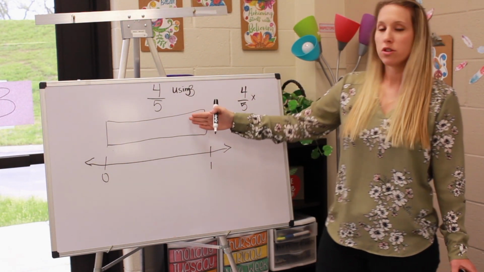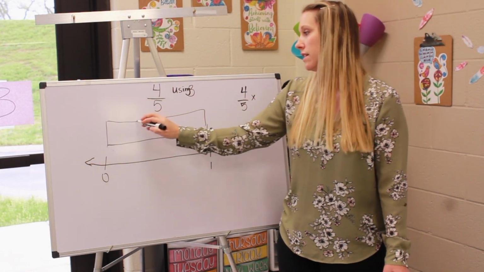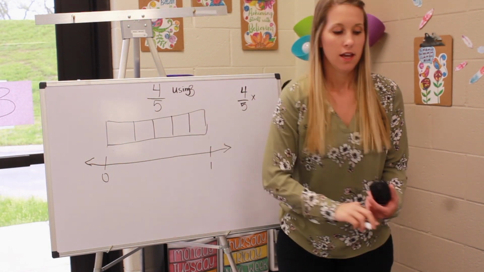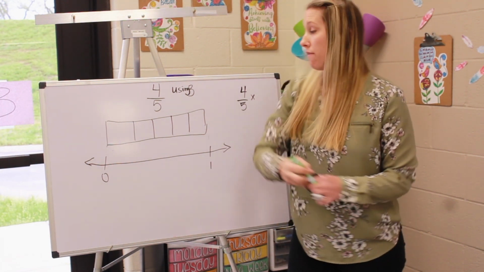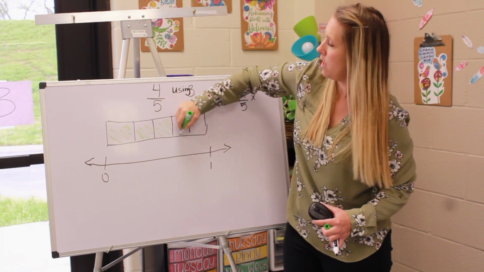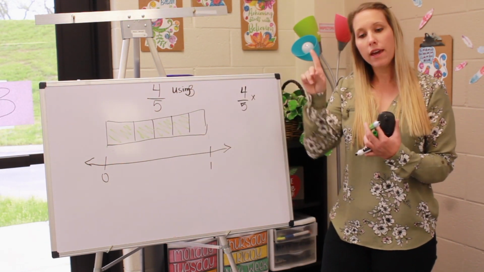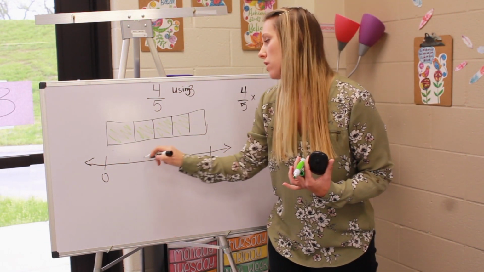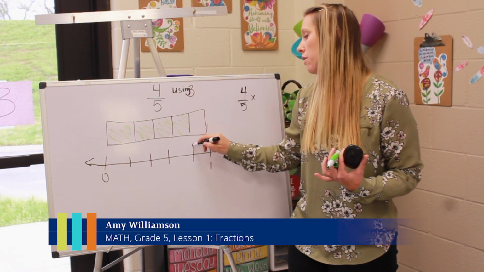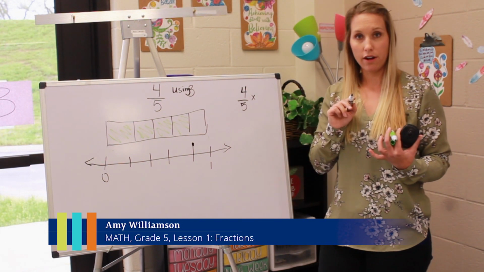Some of you may have used the rectangle method. You may have decomposed it into fifths, or 5 equal parts, and shaded in 4 of those. 1, 2, 3, 4. Some of you may have used the number line and also cut that number line into fifths, showing that 4/5 is here.